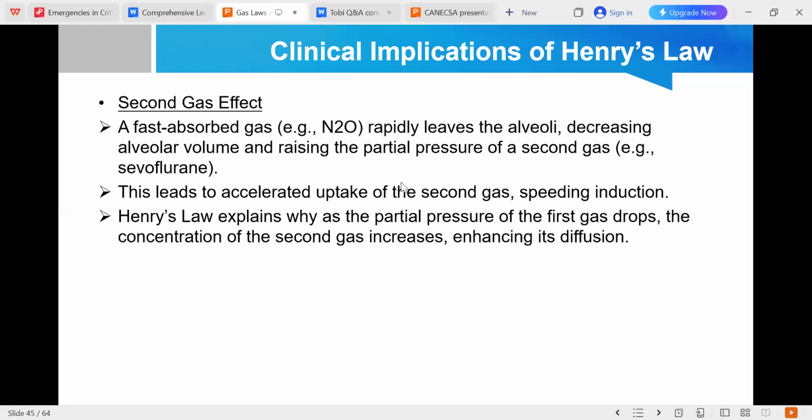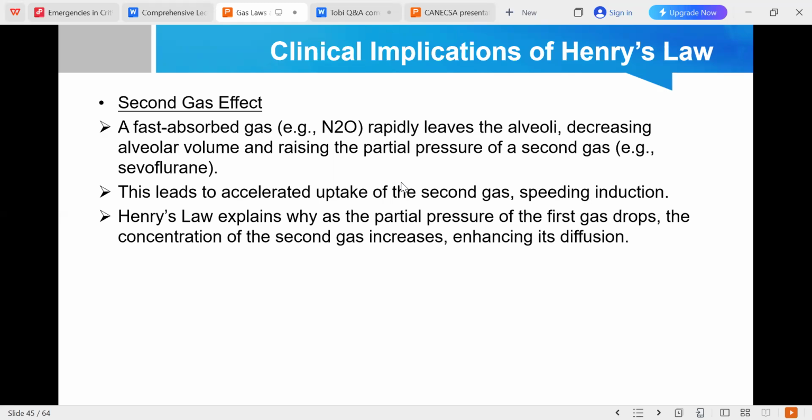Henry's law also explains the second gas effect, where a fast absorbed gas like nitrous oxide rapidly leaves the alveoli, decreasing alveolar volume and raising the partial pressure of the second gas. This is what we call the second gas effect.